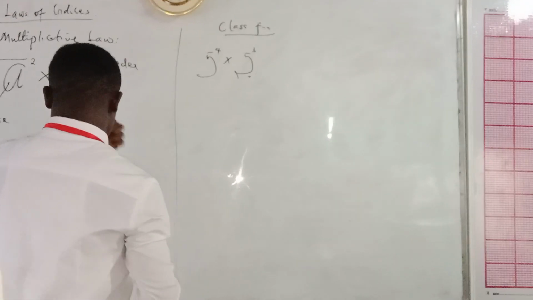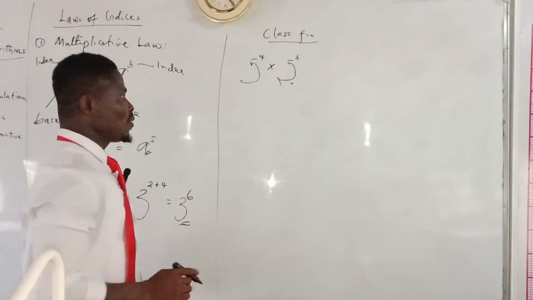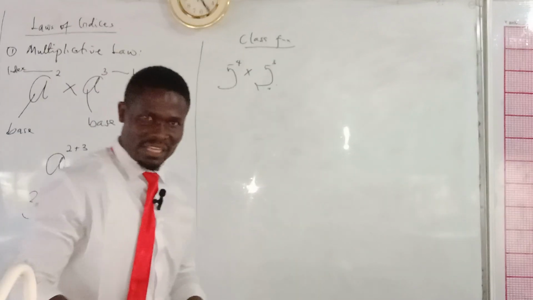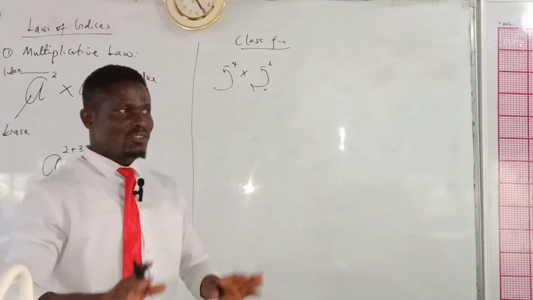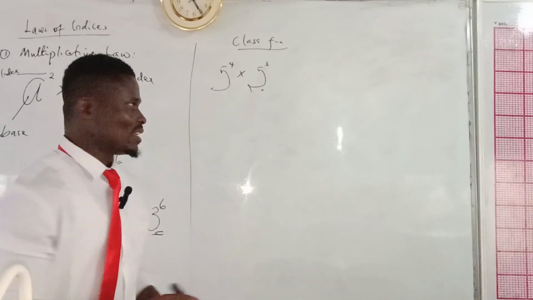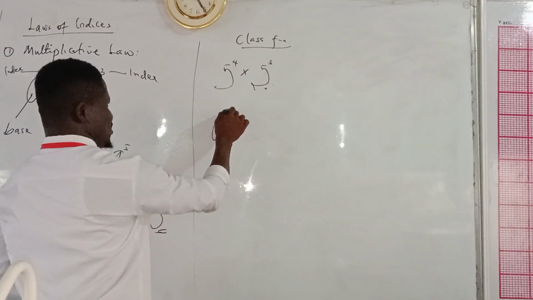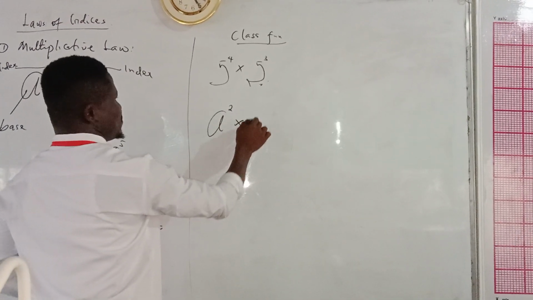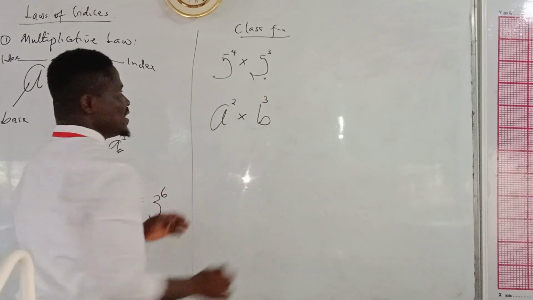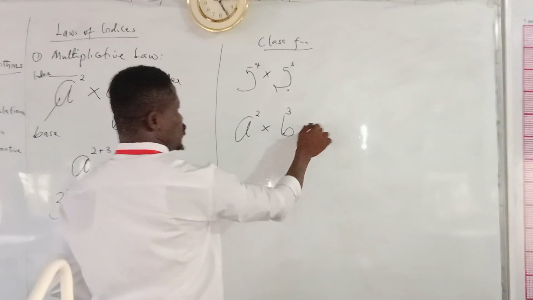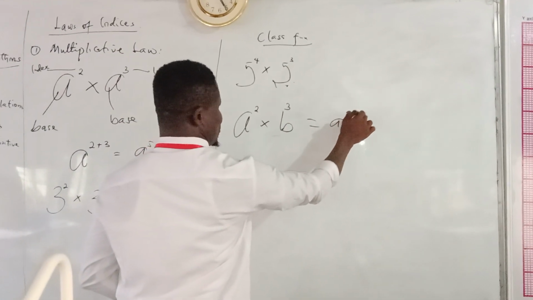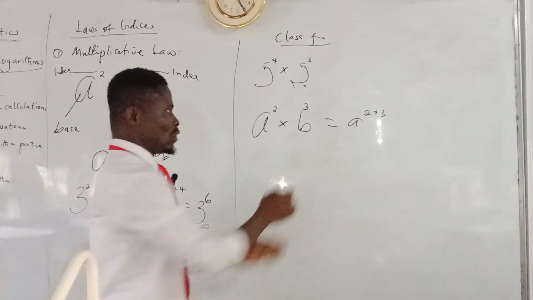Then we look at, under the multiplication law, please do not make these mistakes. Some students and some persons make this kind of mistake, that when they see a raised to power 2 times b raised to power 3, they are tempted to say that this is equal to a raised to power 2 plus 3. Please, it is not correct.